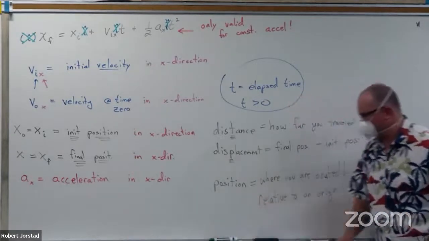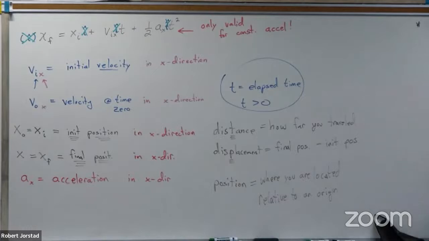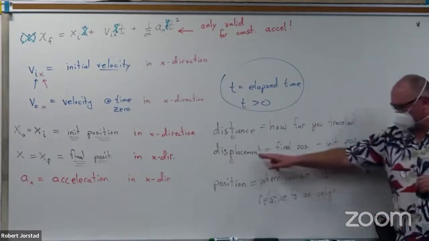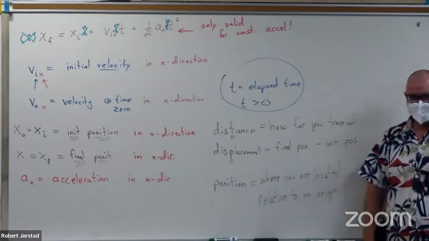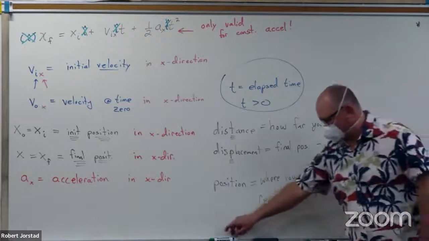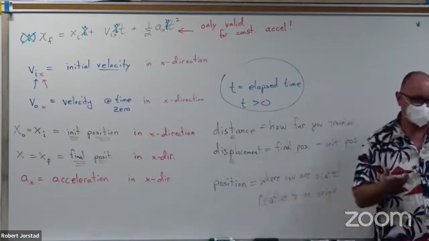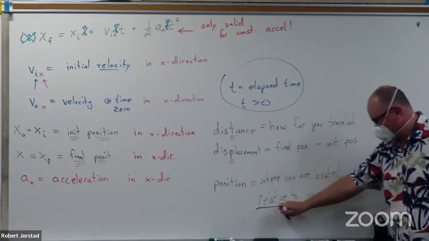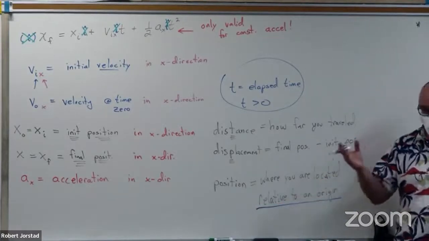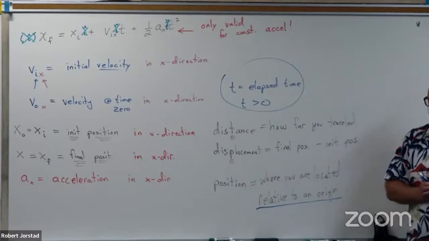Now, in this case, I think it's much easier to understand displacement once we truly understand position. One of the key things here, if you want to understand somebody's position, you need to have an origin. You need to have a coordinate system, right? I don't care what it is.